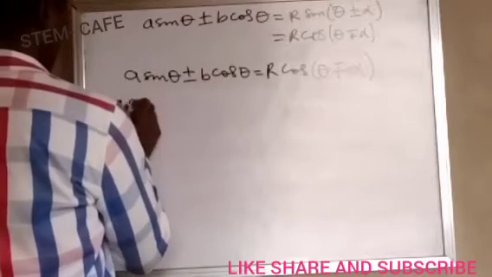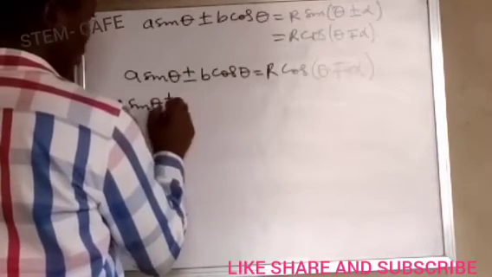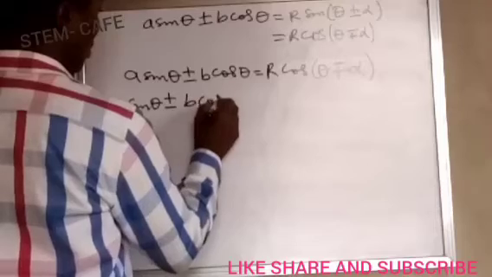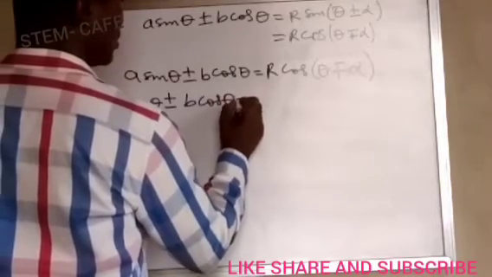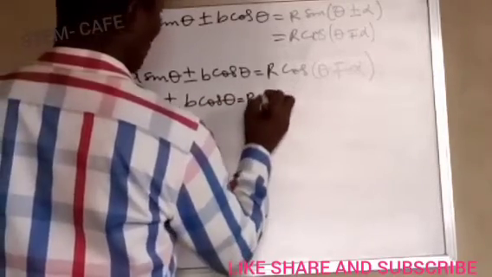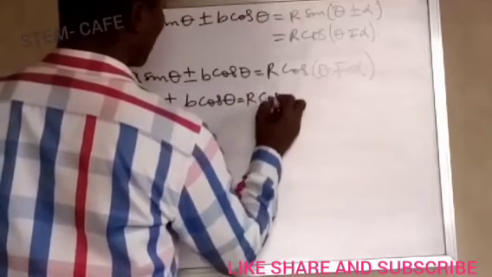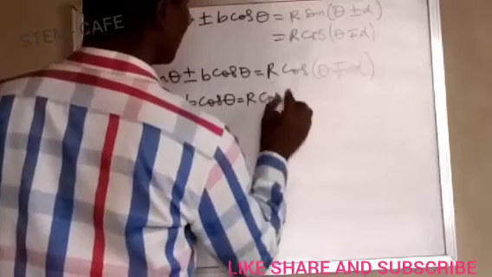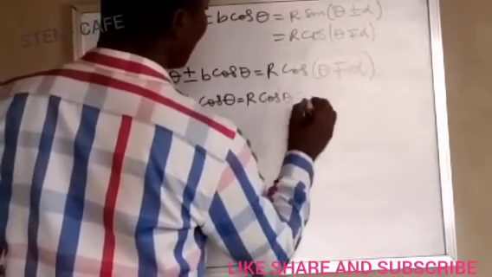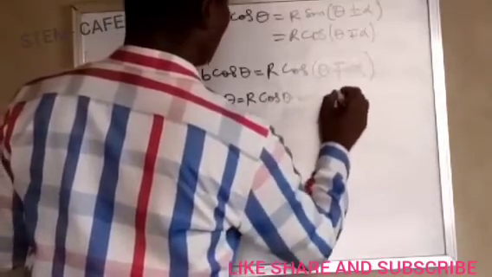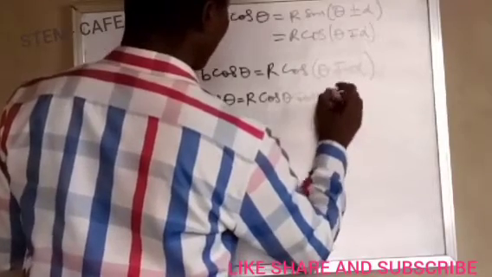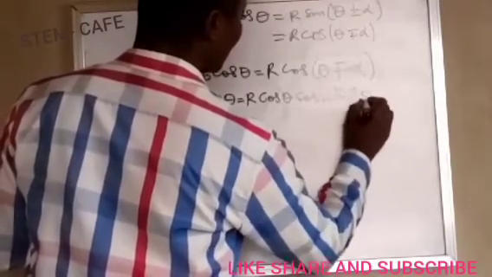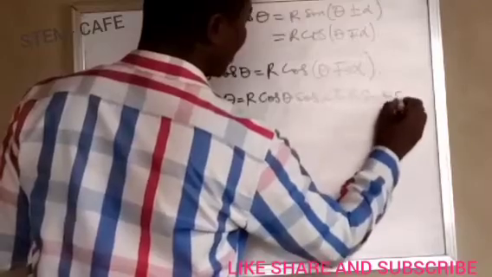So this will be a sin theta plus or minus b cos theta to be equal to r cos theta cos alpha plus or minus r sine theta sine alpha.